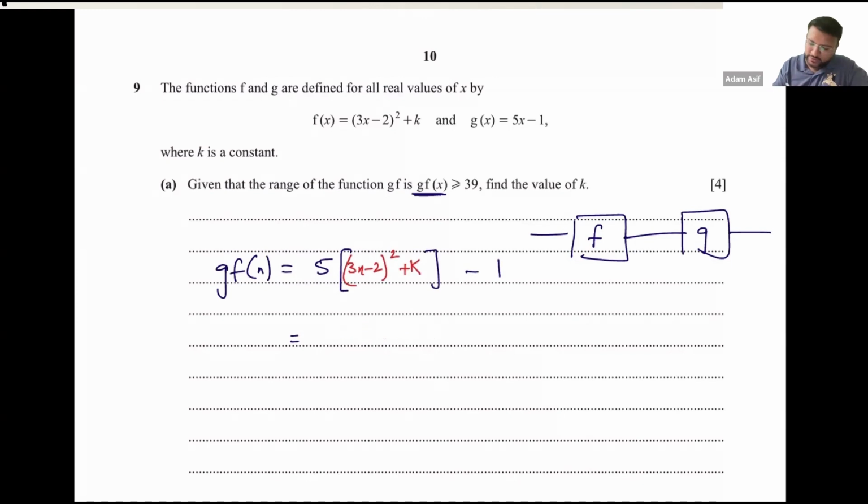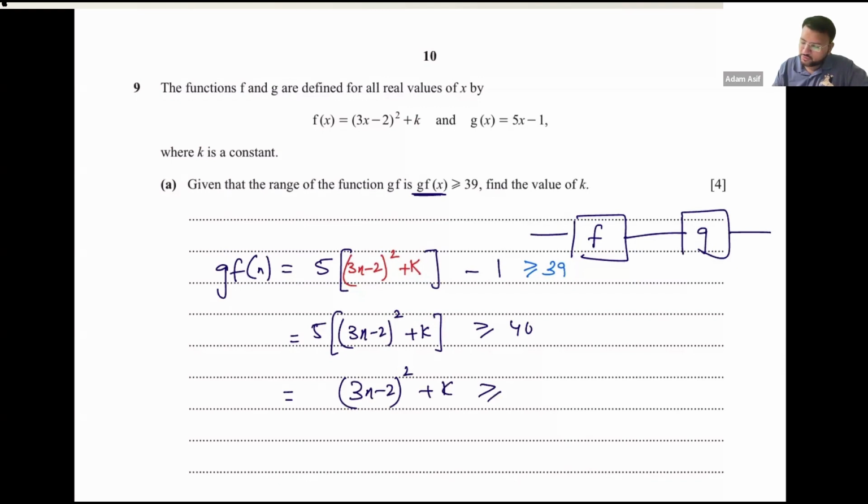Now gf of x should be greater than or equal to 39. So 3x minus 2 the whole thing square plus k times 5 should be greater than or equal to 40. And 3x minus 2 the whole thing square plus k should be greater than or equal to 8.